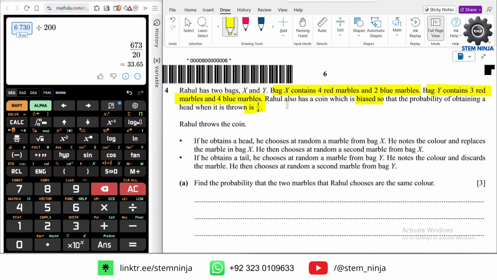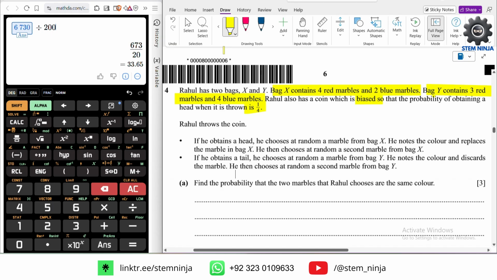If he obtains a head, he chooses a random marble from bag X. He notes the color, replaces the marble in bag X. He then chooses a random second marble from bag X. If he obtains a tail, he chooses a random marble from bag Y. He notes the color and discards the marble. That means he doesn't replace it. He then chooses a random second marble from bag Y. Find the probability that the 2 marbles that Rahul chooses are the same color.